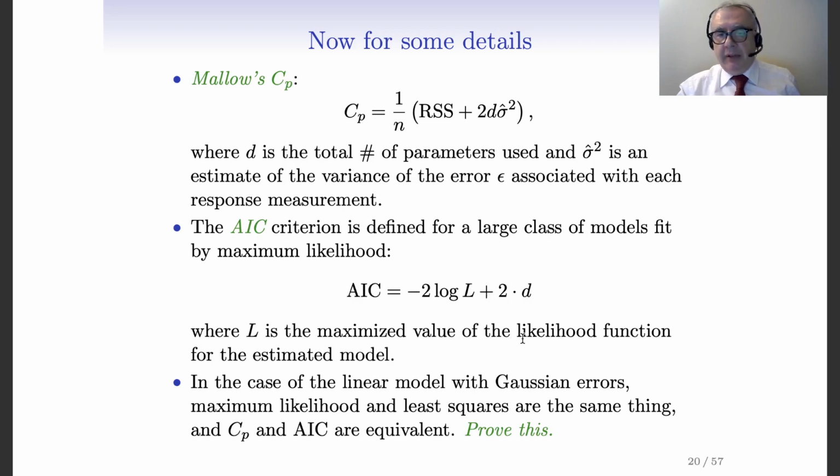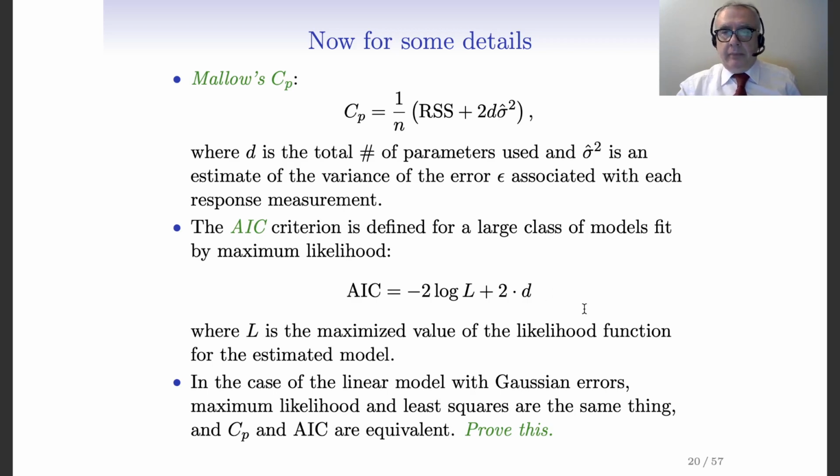But if you have a linear model with Gaussian errors, you can show that likelihood maximization is equivalent to least squares, and in that case you can see that this minus twice the logarithm of L has to do with the residual sum of squares, and in the end you can prove that this, for the case of linear models with Gaussian errors, is equivalent to Mallows' Cp. So they just give the same answer. They are the same in that case.